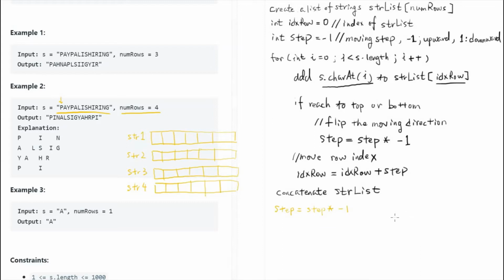We also keep track of our row index, which is equal to row index plus step. The initial value for the step is -1, and the row index starts with 0. And the first step, we add the current character to the string 0.